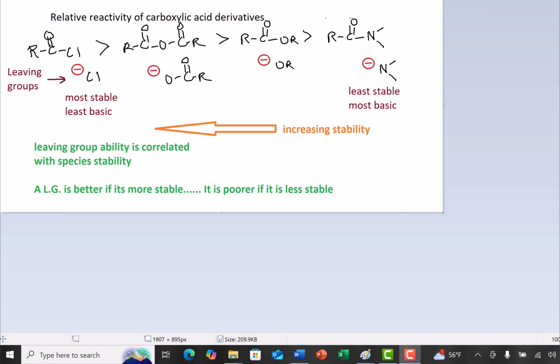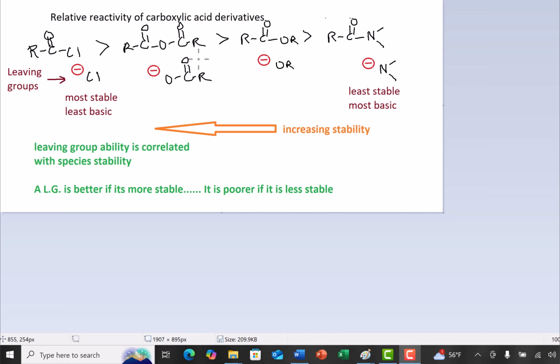Now, there's 4 representative carboxylic acid derivatives: acid chloride, starting on the left, the anhydride or acid anhydride, then the ester, and then the amide. There's one that I have kind of omitted, and that's the thiol ester. I'm not specifically talking about it, so we'll just consider these 4.